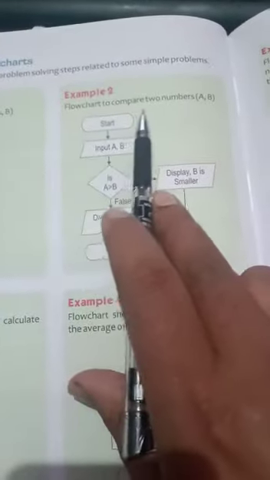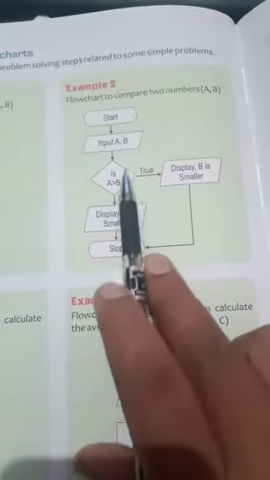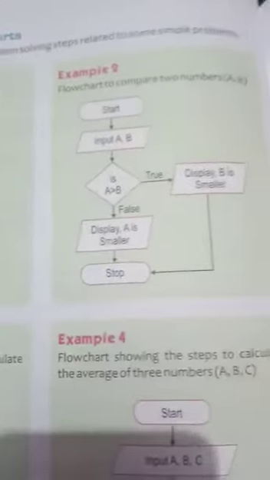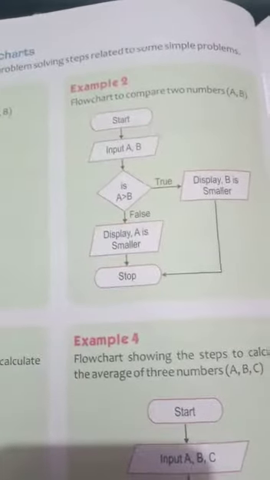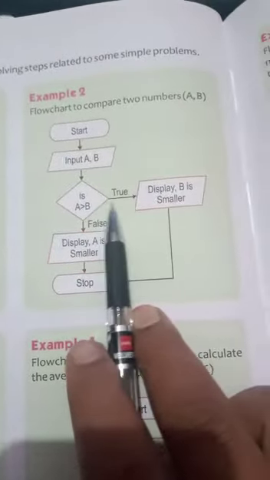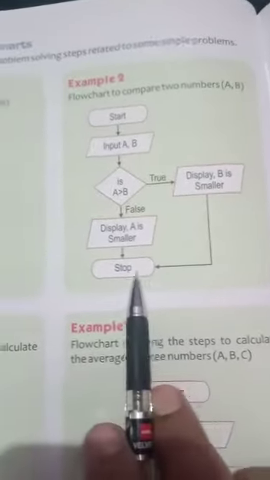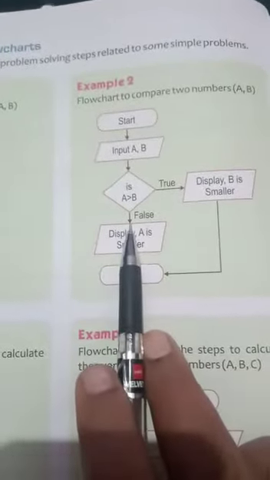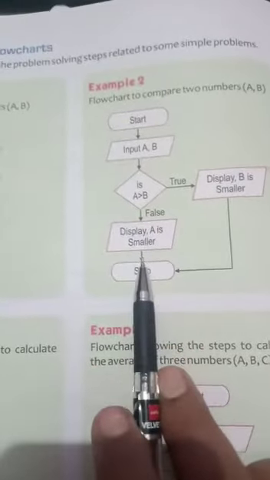Now some conditional statements. If you use a flowchart to compare two numbers A and B, first you start and input two numbers A and B, and then here is a decision box. The condition written is, is A greater than B. The condition is either true or false. If the condition is true, then you have to move to the right side and display B is smaller, and then you go to stop. If the condition is false according to the input numbers, then you go down the arrow, and display A is smaller.